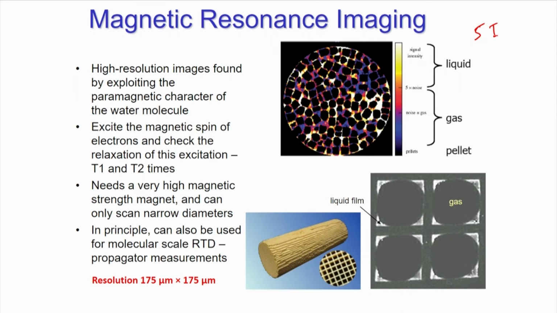Okay. So, 5 Tesla source we generally use, and what is the principle? The principle is very simple. A very high resolution image is obtained by exploiting the paramagnetic characteristic of the water molecules. So, particularly if you have water molecules or any gas where the paramagnetic characteristic is there, the resolution accuracy is very high. Okay. So, what does it do? The magnetic field actually excites the spin of your electrons. So, any electron which has an odd number will actually get excited once it is put under the magnetic field, okay, and the spin will change.